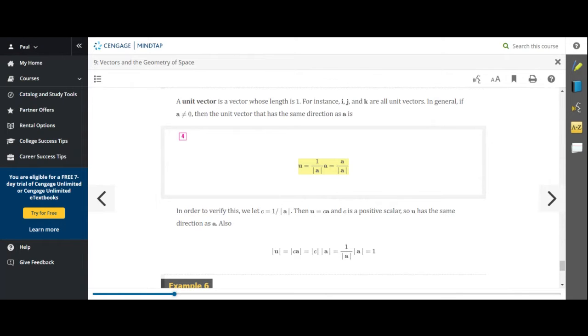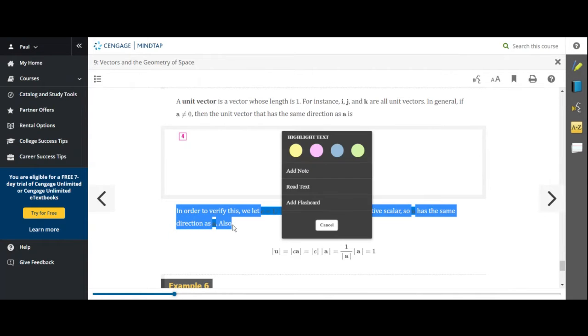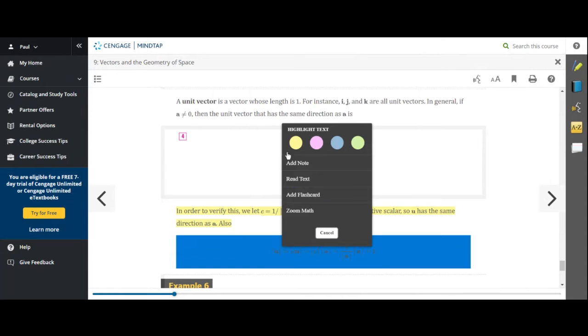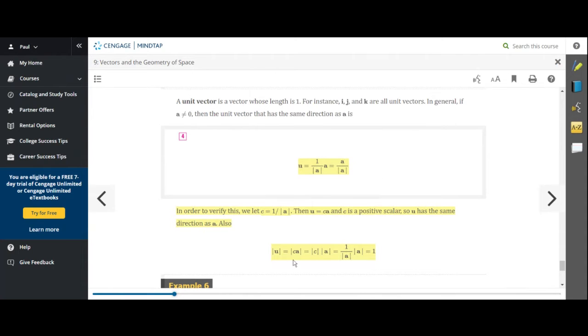Okay, and they show this here. In order to verify this, they define the vector u, and the length of the vector u is equal to the length of c times a.